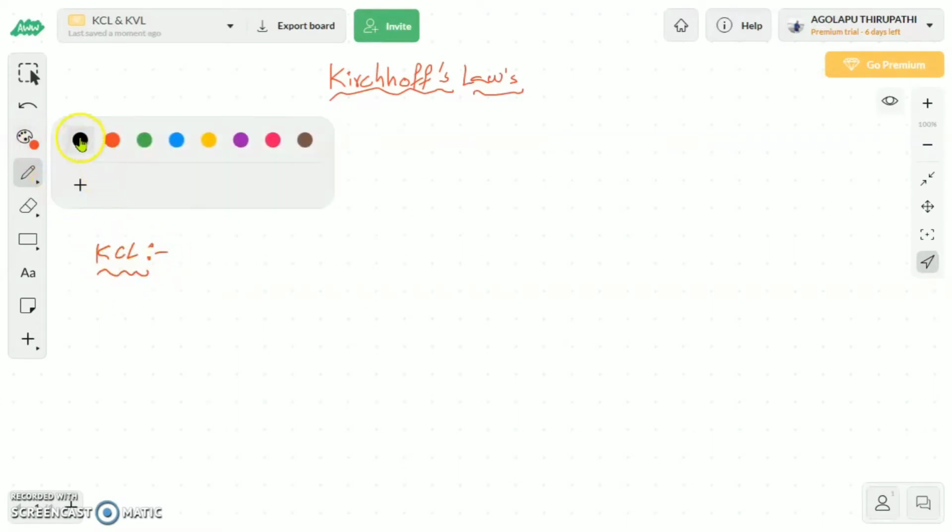Okay. So now coming to the statement of Kirchhoff current law, at any node or junction, sum of entering currents is equal to sum of leaving currents.